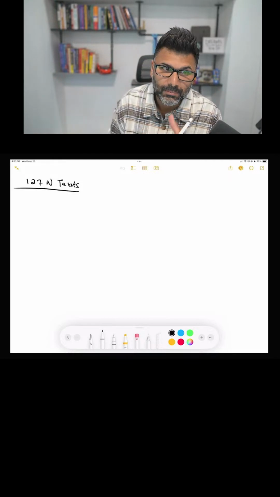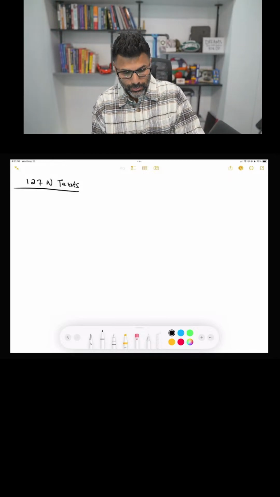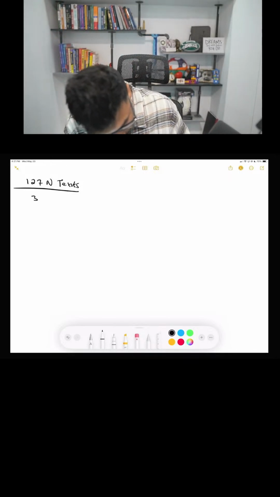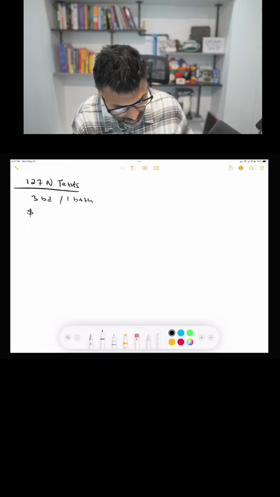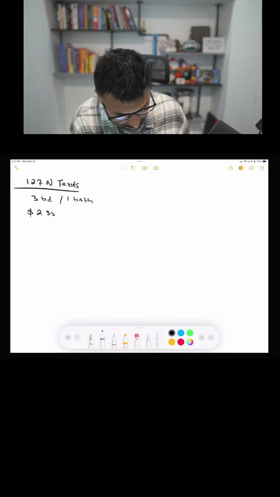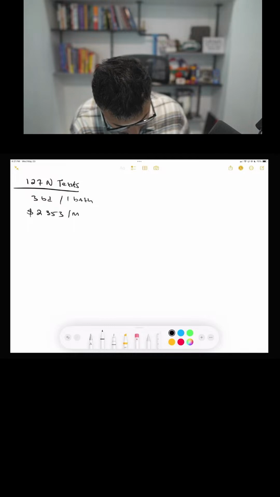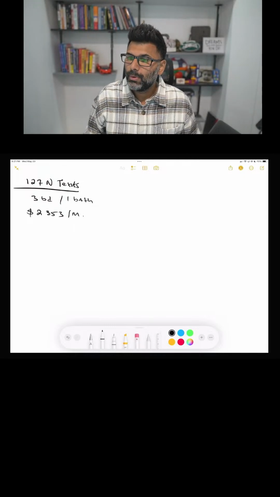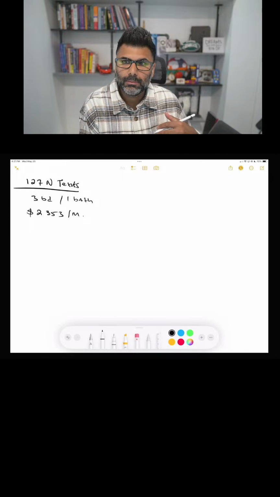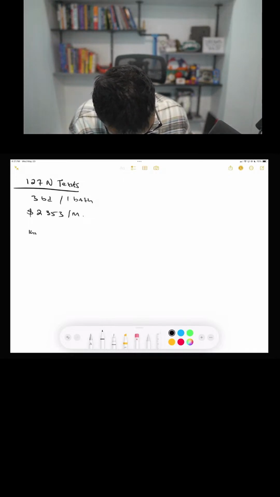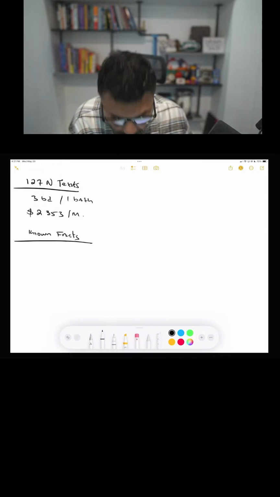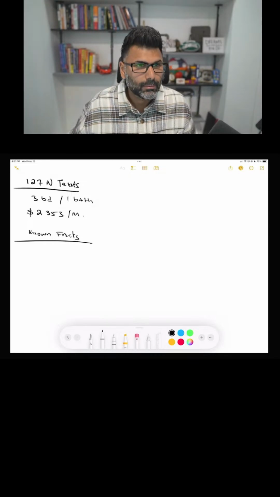Now, this specific property, it's a 3-bed, 1-bath, okay? And it can bring in $2,353 per month, okay? So what we want to do is put down the known components, so known facts. Okay, so what do we know about this property?